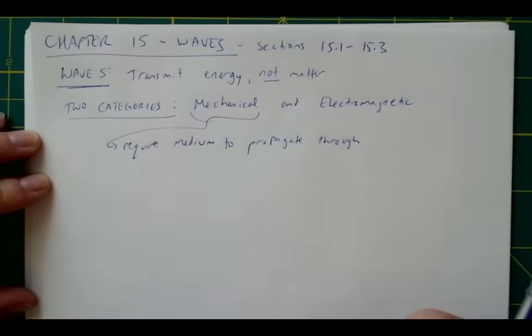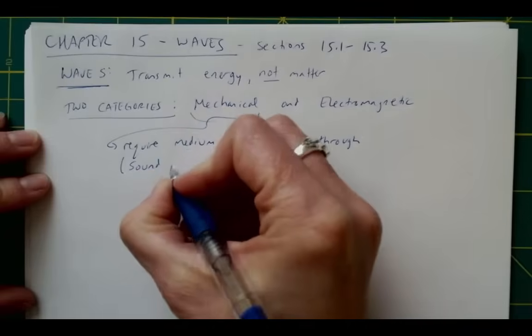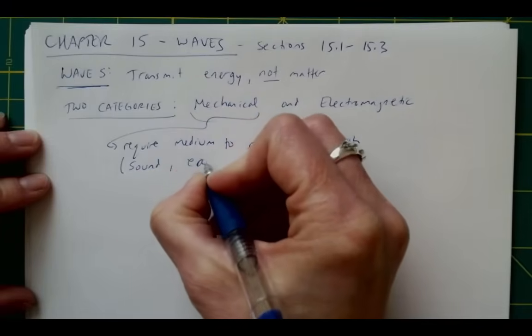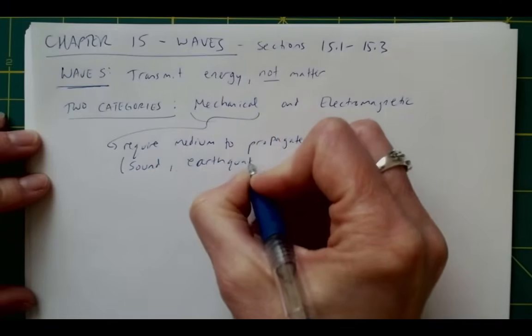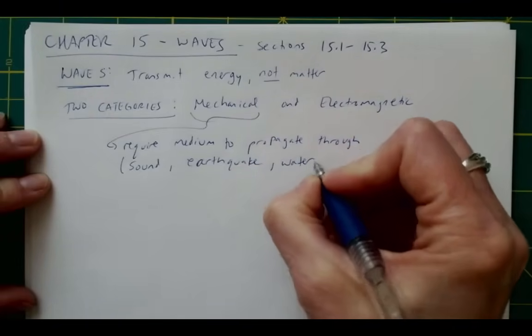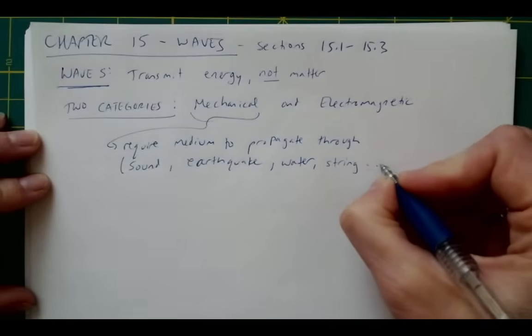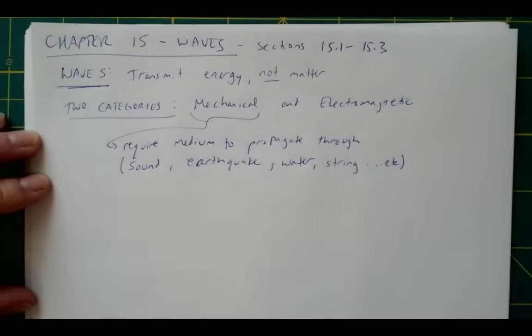There are no atoms there to carry that energy away from the initial source of the oscillation. Common examples of mechanical waves are sound waves and earthquake waves, where the medium is the actual earth itself. Water waves, the medium is the water. Waves on a string, etc.